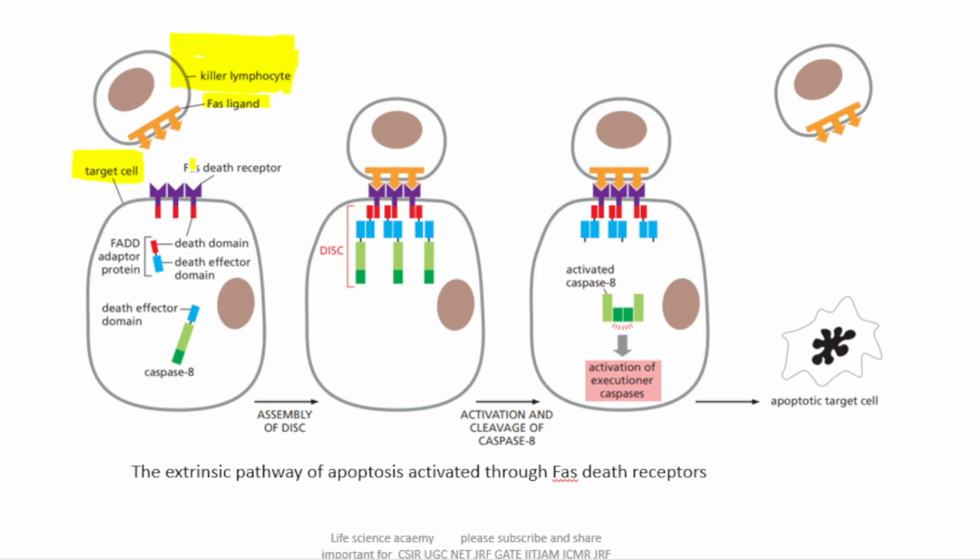So this is the Fas, or you can say death receptor. This whole complex is interacting with this region. The Fas receptor consists of the FADD adapter protein, with the death domain and the death effector domain. So it consists of two domains, and together it is called the FADD adapter protein.